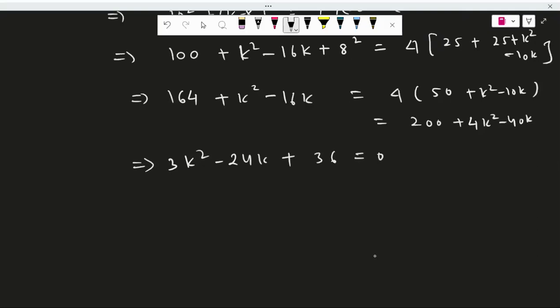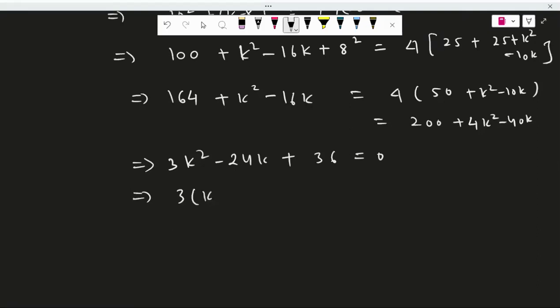Now we have a quadratic equation. Divide by 3, so k square minus 8k plus 12 equals 0.